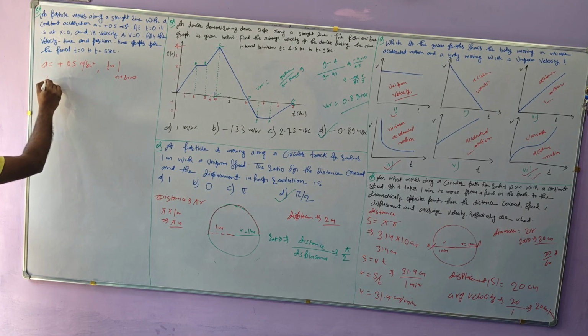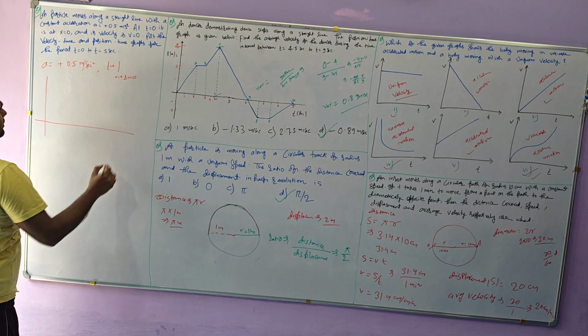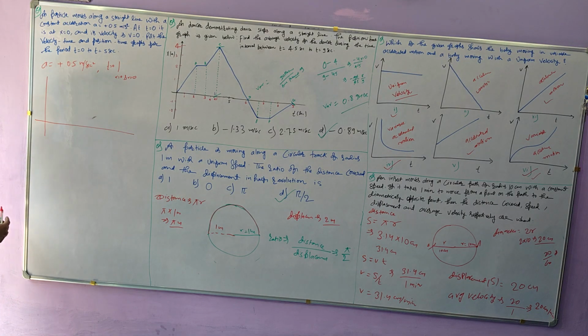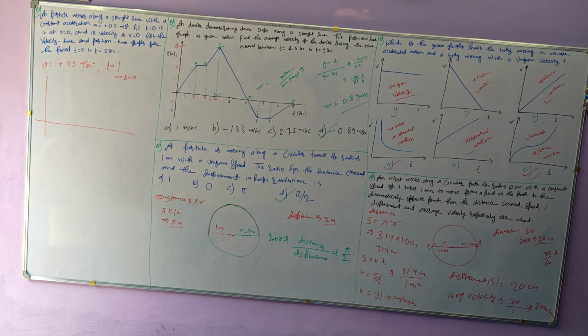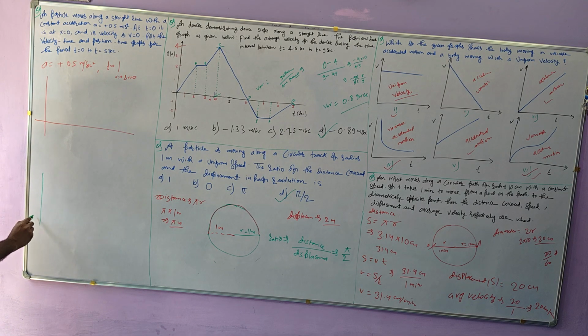Suppose this is the velocity time graph, and that is our displacement time graph.